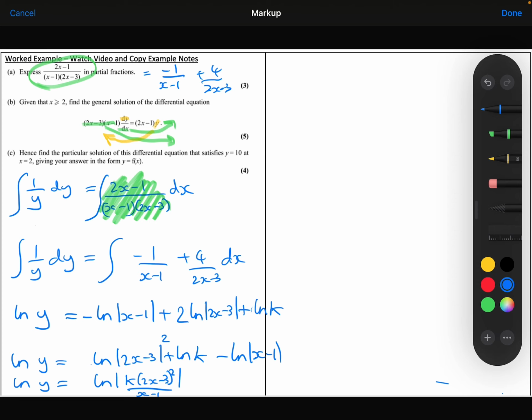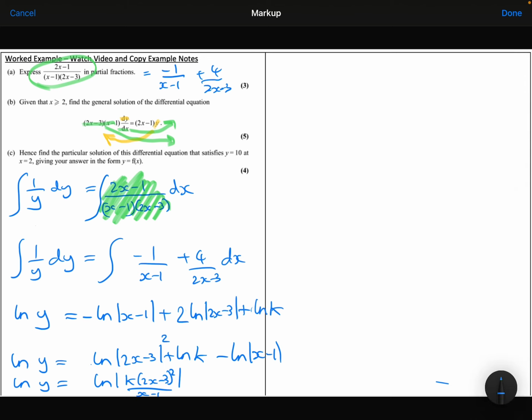And now I've got to the point where I've got ln y equals ln of all of this. I can cancel those logarithms out by doing e to the power on both sides, which would give me as my general equation y equals k(2x minus 3) all squared over x minus 1.